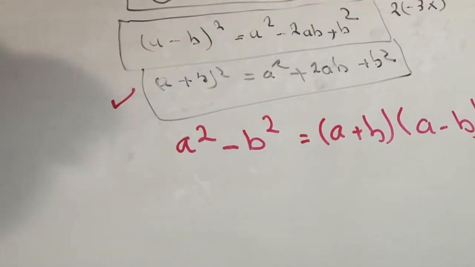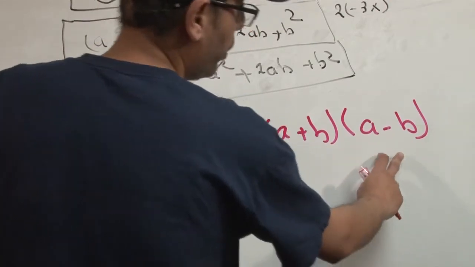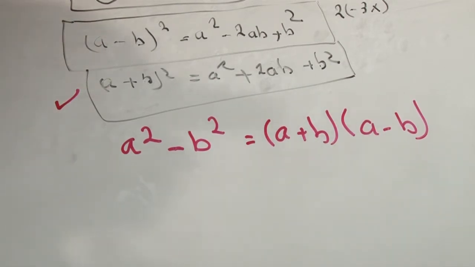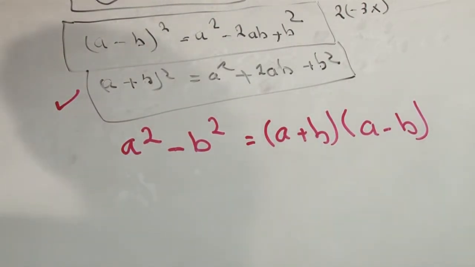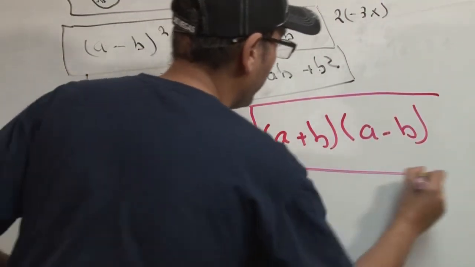So if I see that the two terms of my problem are multiplied by the same two terms but with different sign, the answer is the square of the first term minus the square of the second term. And I would call this a conjugate.